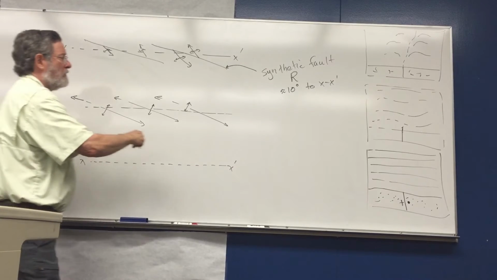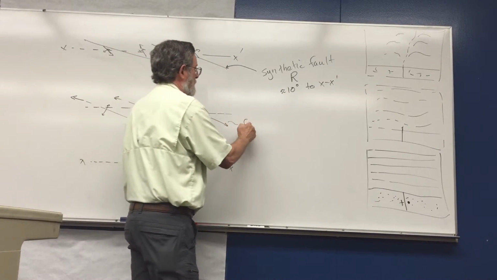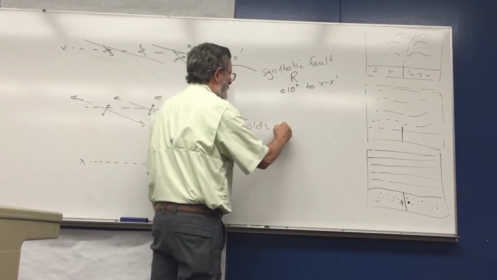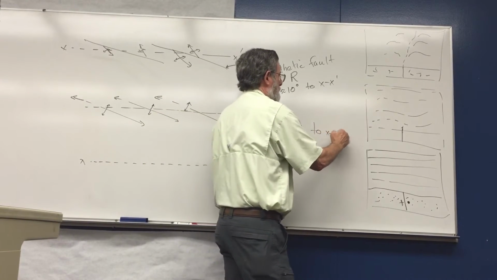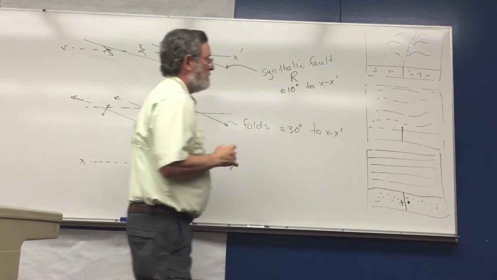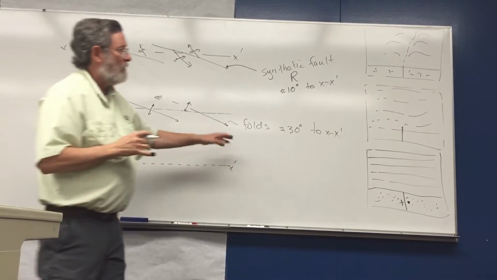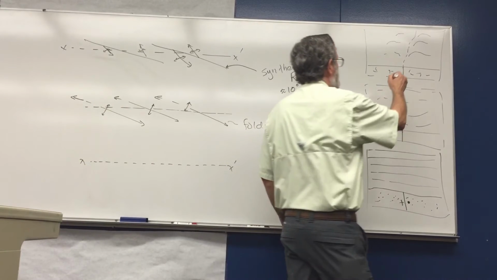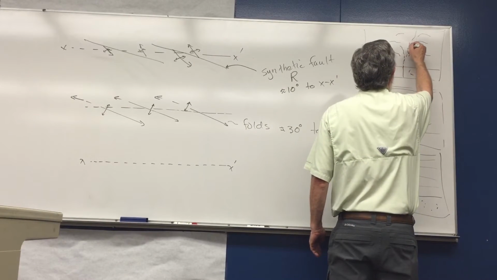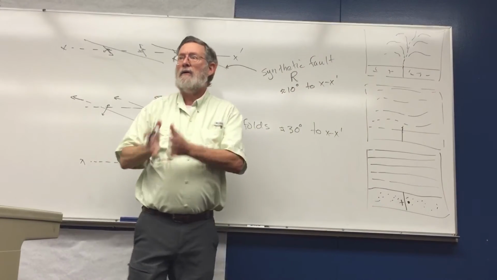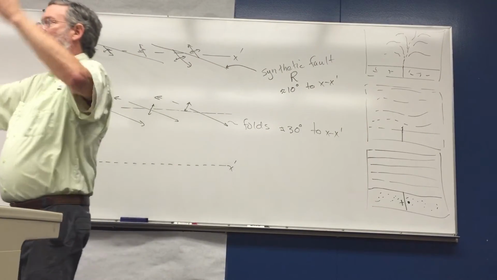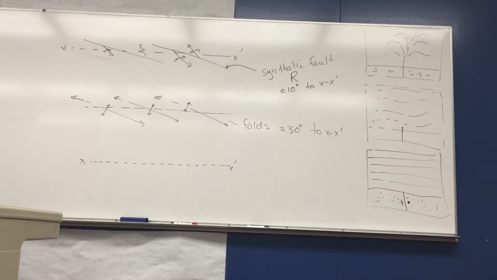These folds are going to start at an angle of approximately 30 degrees to X prime. Now, what we also find is that we begin to form splays on our fault coming up so that it starts to look like a flower or a palm structure.